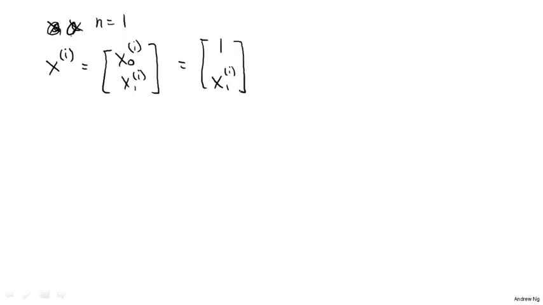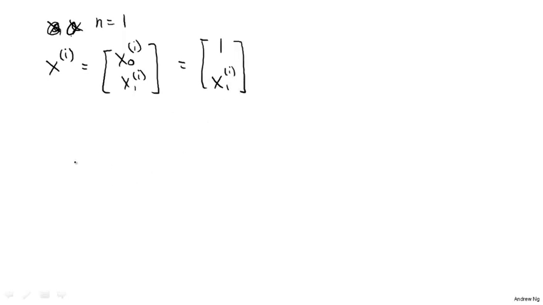Then each of your training examples will be two-dimensional. So x_i will be equal to x_0^(i), x_1^(i), and the first feature is always equal to 1, so it's going to look like 1, x_1^(i).